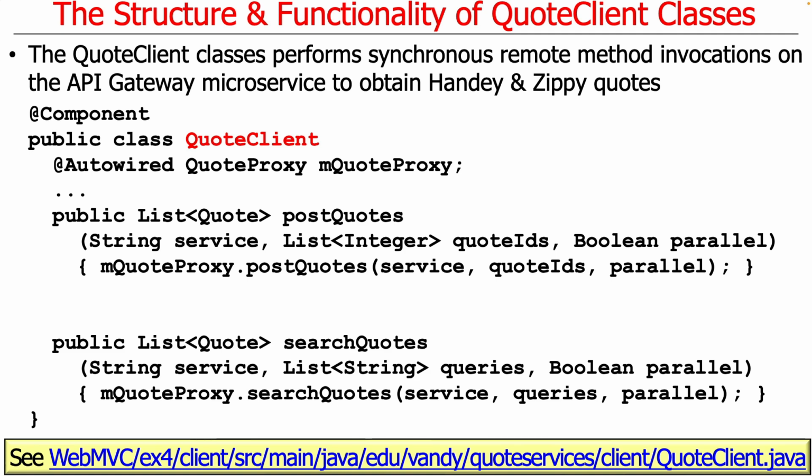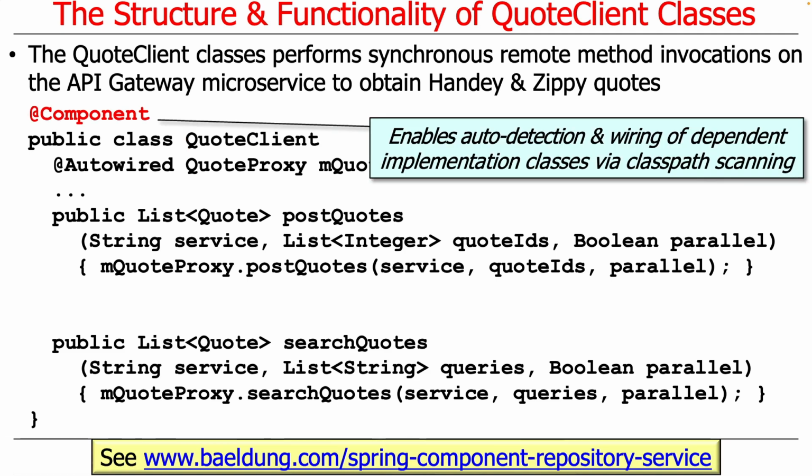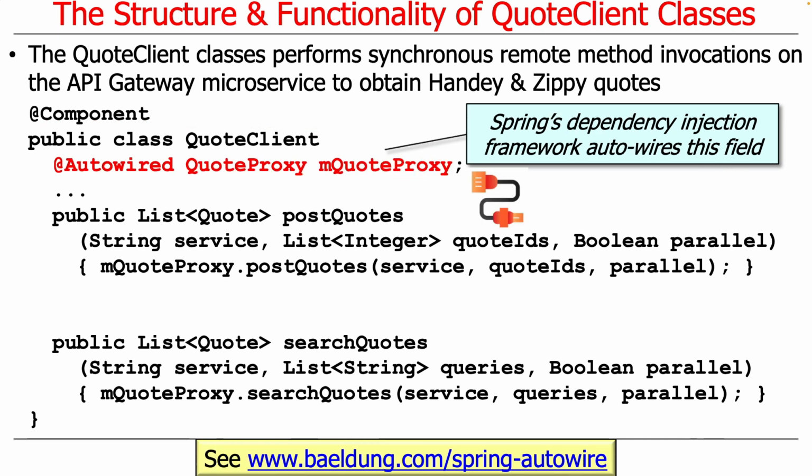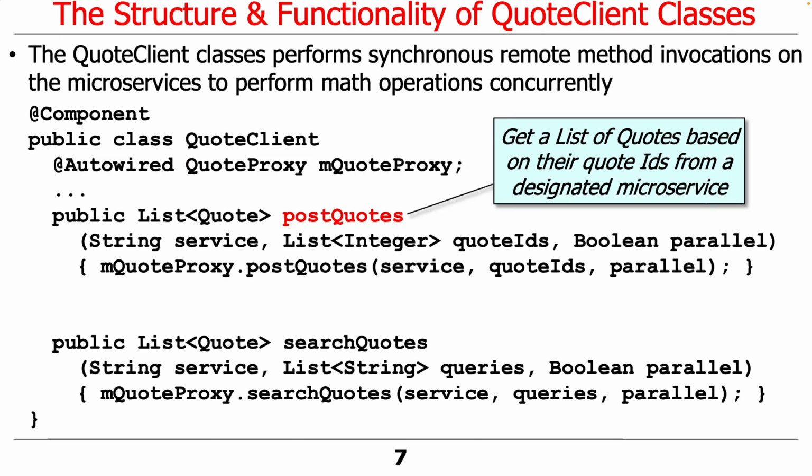We have this class, which is annotated as a component, so Spring can do auto detection and wiring. We then auto wire the QuoteProxy, which we'll take a look at in just a moment. The methods here provide a nice high-level API for the test driver program to invoke, to actually do the work under the hood, making the calls to the appropriate microservice through the API gateway.